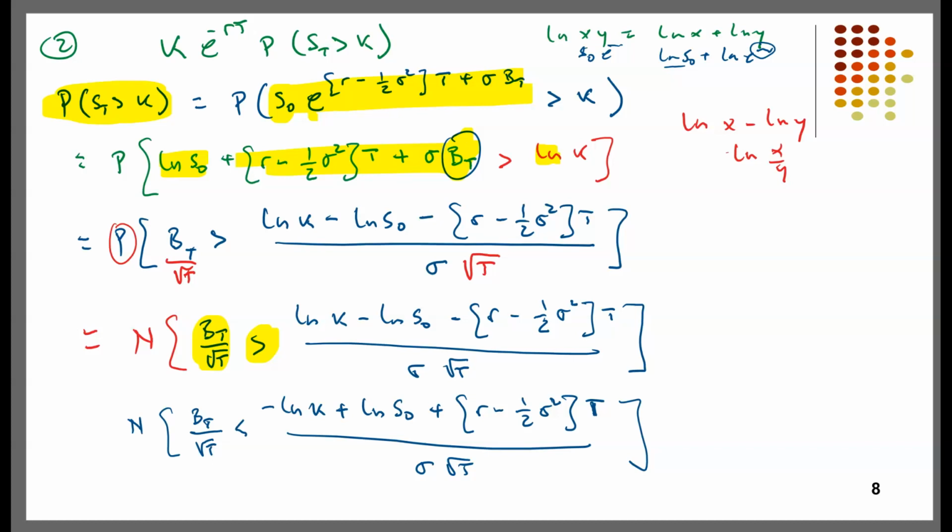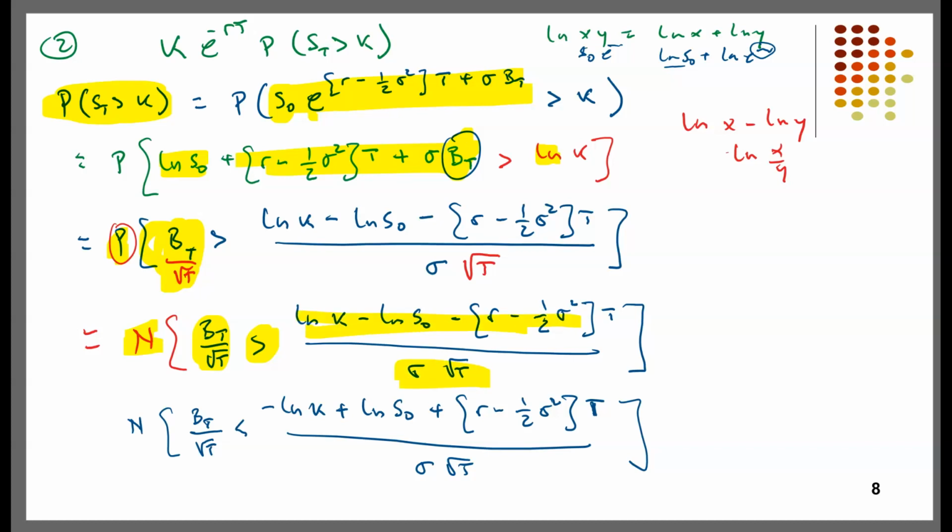So when we divided both sides by the square root of t, we were able to identify exactly the distribution of this term here, because the Brownian motion divided by the square root of t is a Wiener process, and we know that the Wiener process is normally distributed. So instead of writing P as if we don't know what that probability distribution function is, we're going to write N because we know that it's normally distributed, and it has to be greater than this value that we have here.